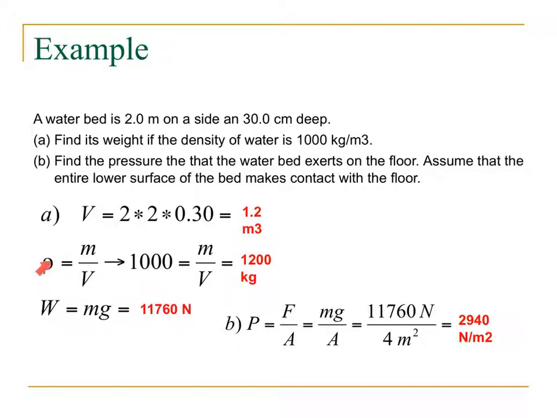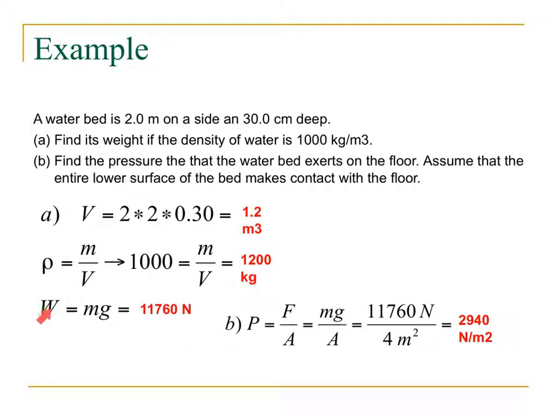We know that density equals mass divided by volume. We need to calculate the mass. So we have a density of 1,000 kilograms per meter cubed equals our mass, which is our unknown, over our volume of 1.2 meters cubed. And we solve for mass, we get a mass of 1,200 kilograms.